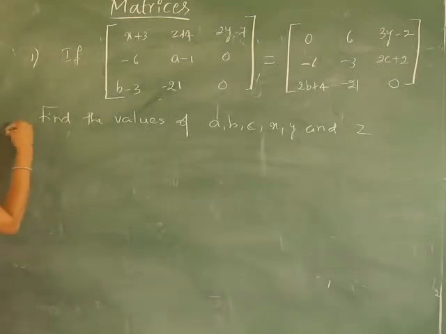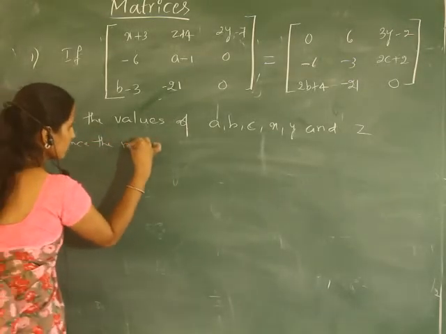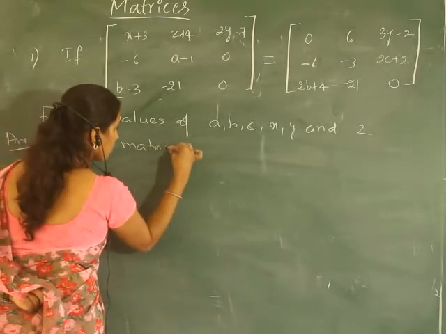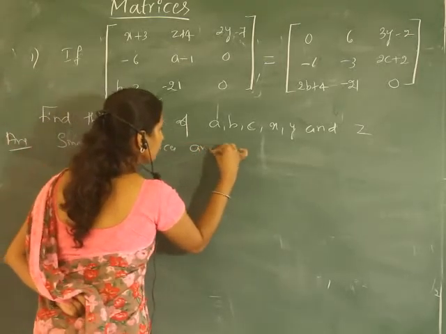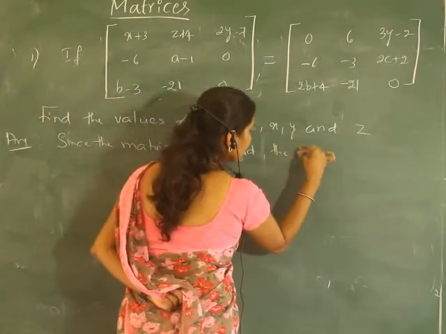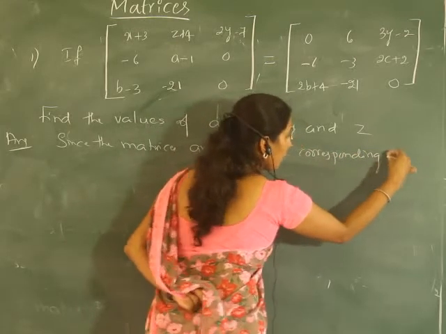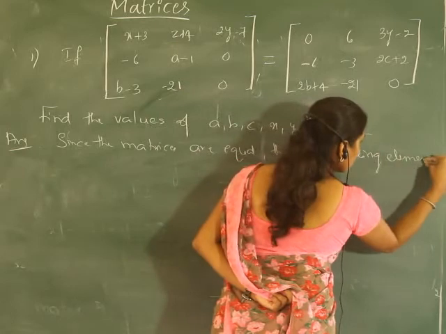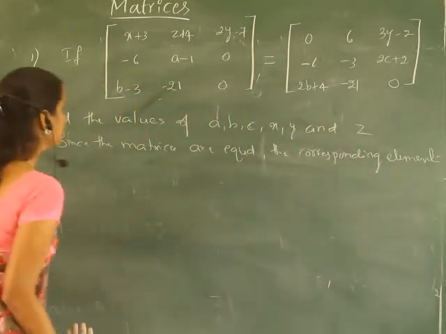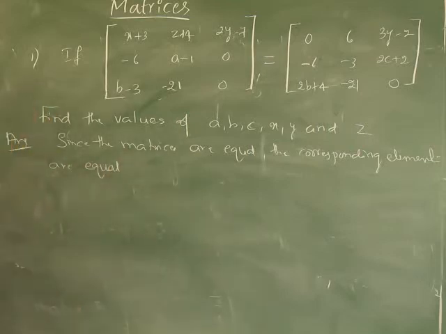So since the matrices are equal, the corresponding elements are equal.